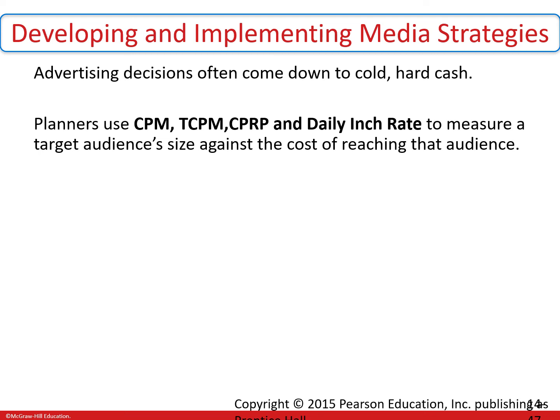Something to note here is that, as I would have said before, money is a very important consideration, and many advertising decisions often come down to cash. So we use different measures like CPM, TCPM, CPRP, as well as daily inch rate. What we're doing here is measuring the target audience size against the cost of reaching that audience.